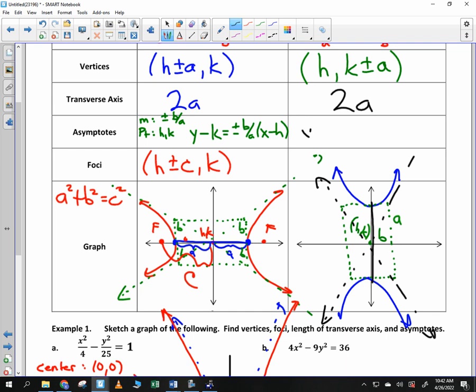So we have y minus k is equal to plus or minus a over b times x minus h. And the foci, they do sit c units from the center. They sit on the inside of the hyperbola. So we just have to go h and then k plus or minus c.